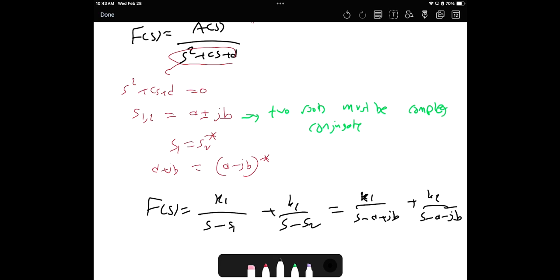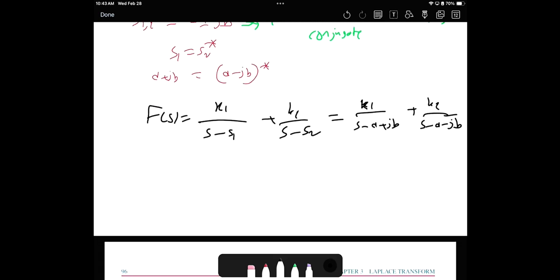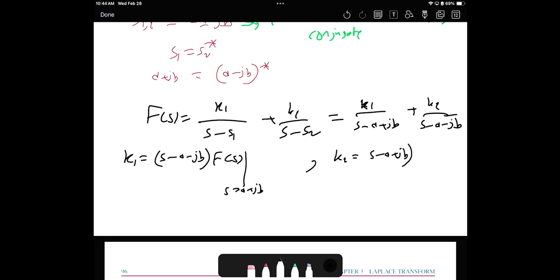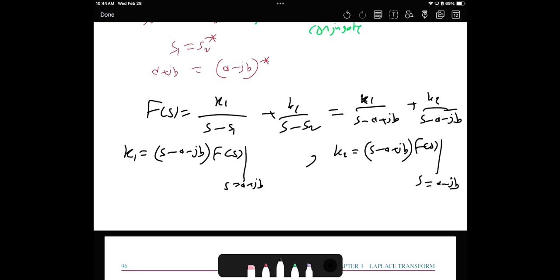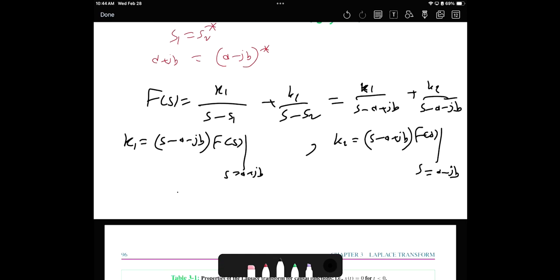No, what we will do is use the same techniques that we used before. So basically, in order to calculate k1, it will be (s minus a minus jb) times F of s, substituted when s equal a plus jb. How about to find k2? K2 will be (s minus a plus jb) times F of s when s goes to a minus jb. Then you will realize a nice result: k1 equals k2 conjugate.